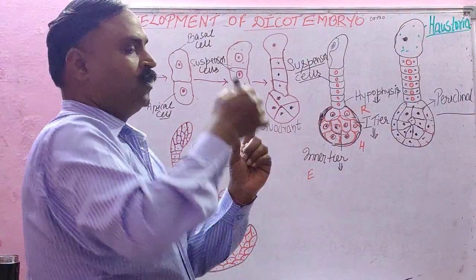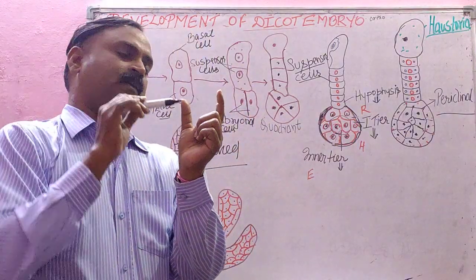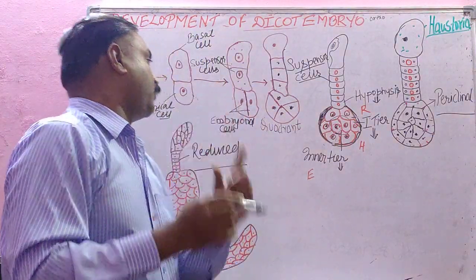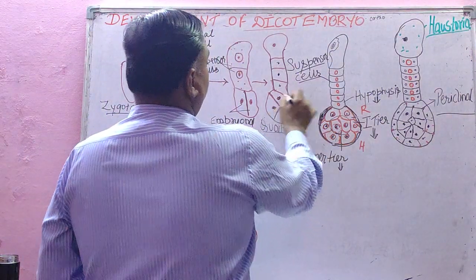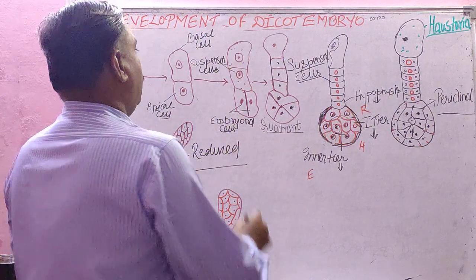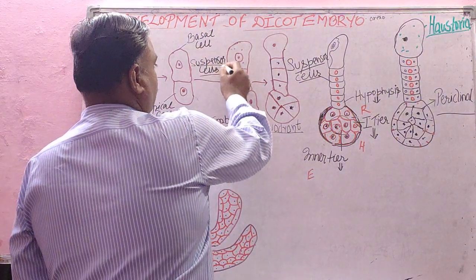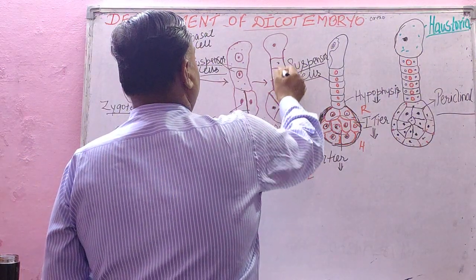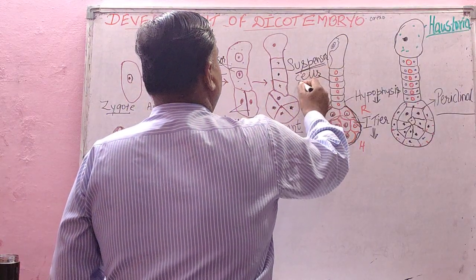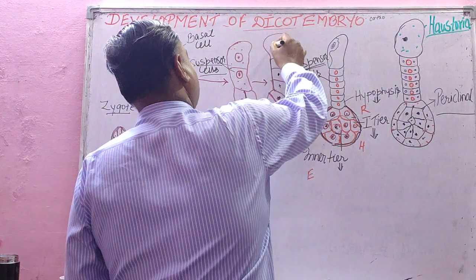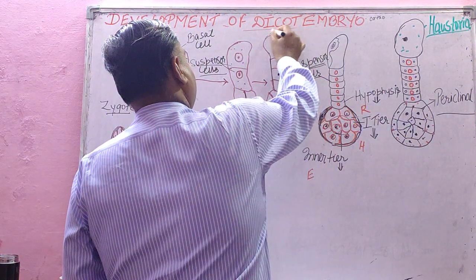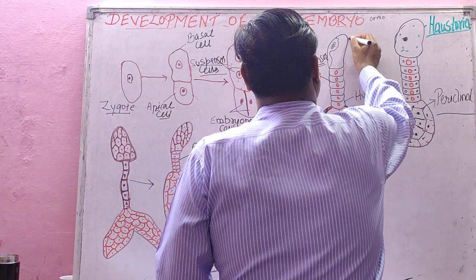When these two cells divide at right angle, it will give rise to 4, and that is called the quadrant stage. 1, 2, 3, 4 quadrant stage cells. And there is division in the suspensor cells. They keep on dividing and producing 6 to 10 suspensor cells. And the upper suspensor cells, at that end, become haustorial.